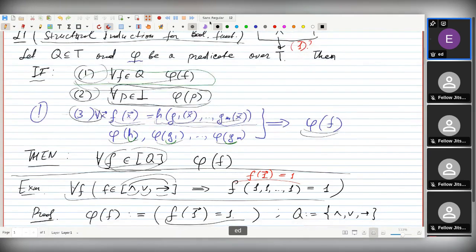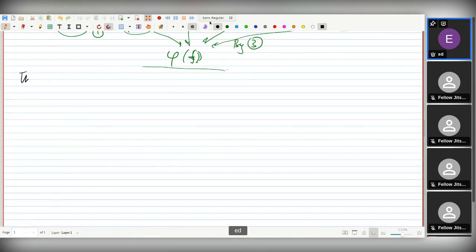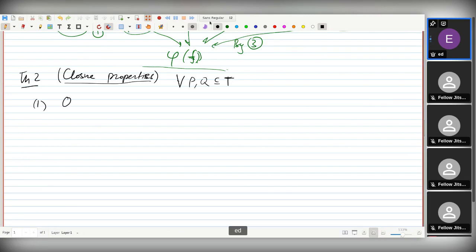Okay, this lemma is very important, and it results in the following theorem: our algebraic properties of closure. Of these properties, most are obvious, and we have already discussed them. For every two sets of Boolean functions, we have the following. First of all, every set is included in its closure.